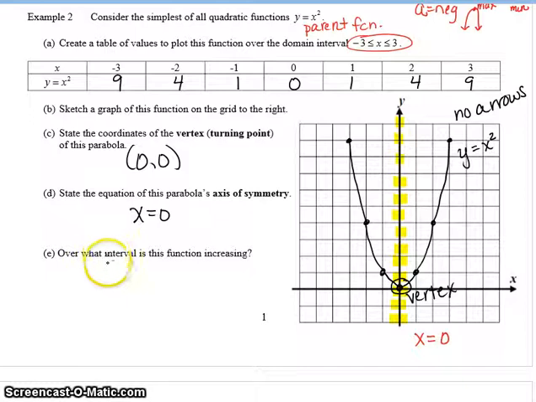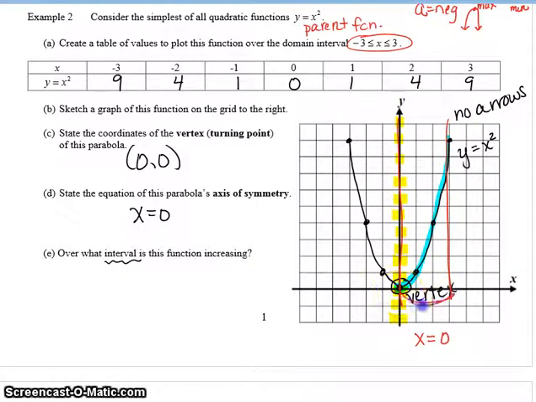Over what interval? Okay, so you should be thinking of the range here. Not a range, I'm sorry, a specific from where to where. Is this function increasing? Okay, so it's increasing from 0 to 3. So something you look at, it's from here to here.